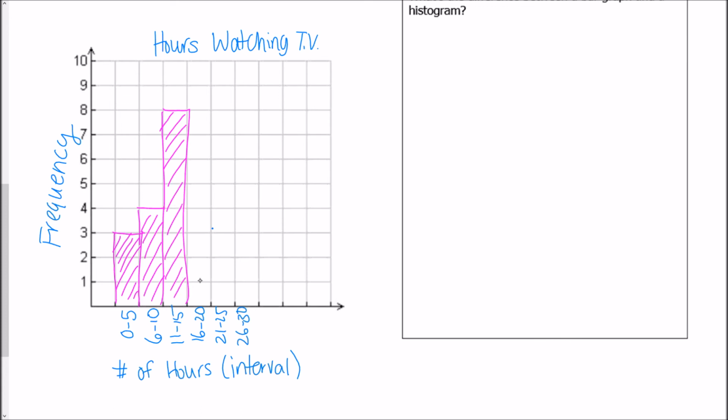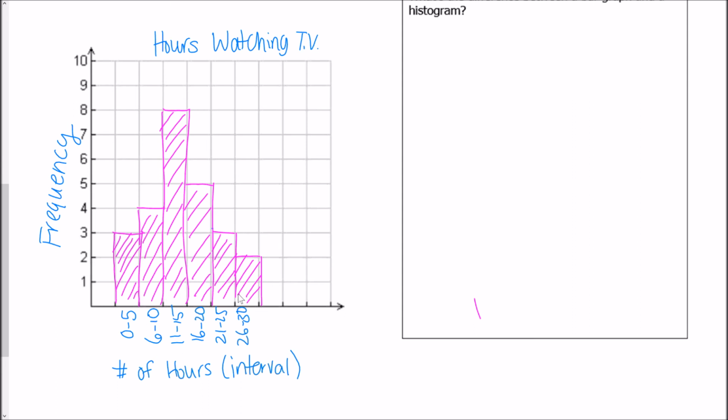For 16 to 20, we will say that 5 people chose from 16 to 20. And then from 21 to 25, we have 3 people. And then from 26 to 30, we have 2 people. And this is our histogram.